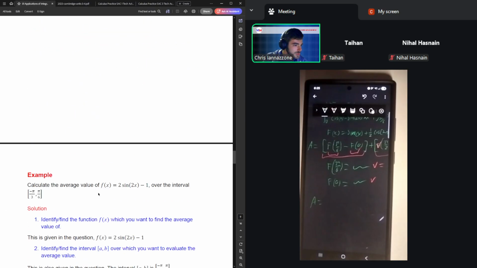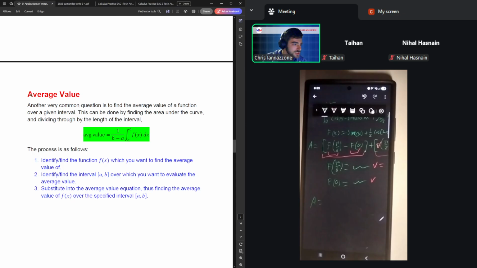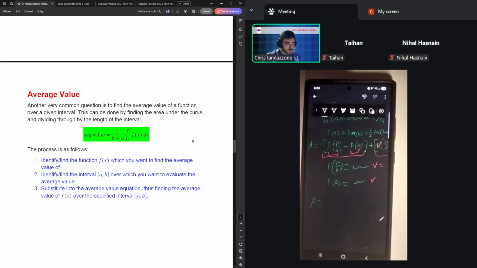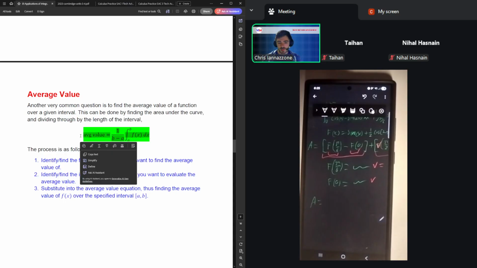There's one final concept, which is the average value of a function. This is by far one of the most straightforward things in all of calculus. If it says find the average value of a function, it is referring to doing this.